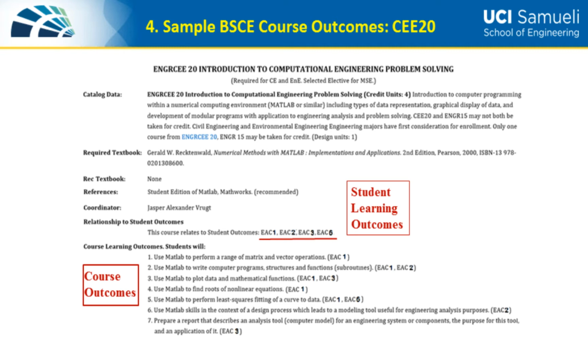Note that this particular course relates to 4 of the 7 student learning outcomes defined on the prior slide. Also note that the syllabus identifies specific course learning outcomes, each tied closely to course material, but also linked to one or more student learning outcome. For CE20, there are 7 course learning outcomes, each linked to a specific student learning outcome.